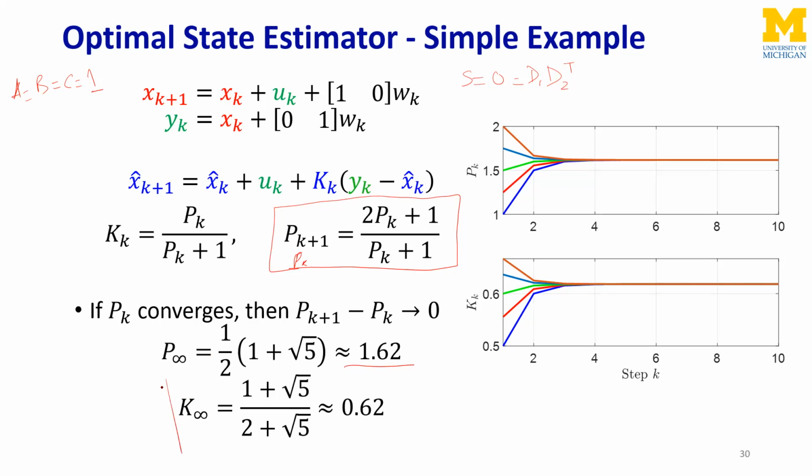That K infinity is given by this expression, which evaluates to 0.62. If you remember that plot I showed you on the 10th slide, it had a minimum at 0.6. So we were actually pretty close with that one numerical study.